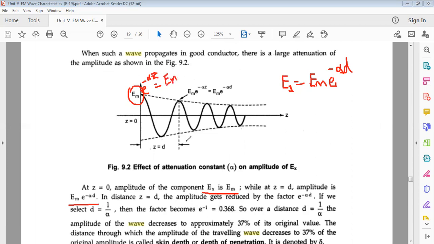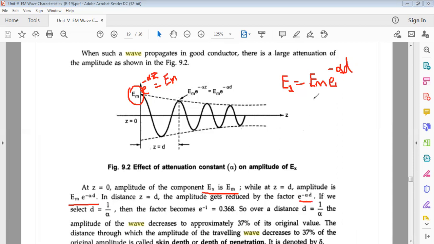Now after traveling to z is equal to t, it becomes Em into e power minus alpha into t. In the distance z is equal to t, the amplitude gets reduced by a factor of e power minus alpha into t.